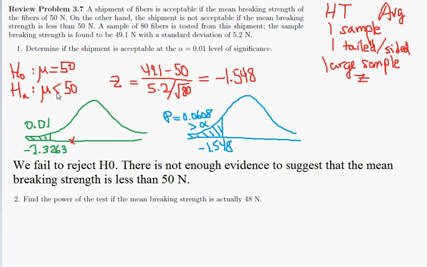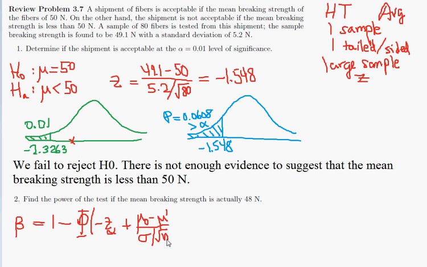So we had three choices for beta, and the one that we want for this one is going to be that beta is equal to 1 minus phi times of negative z alpha plus mu naught minus mu prime over sigma over square root of n.